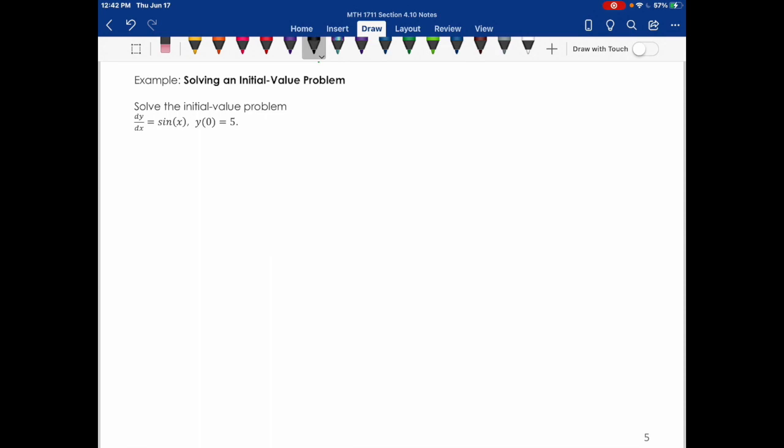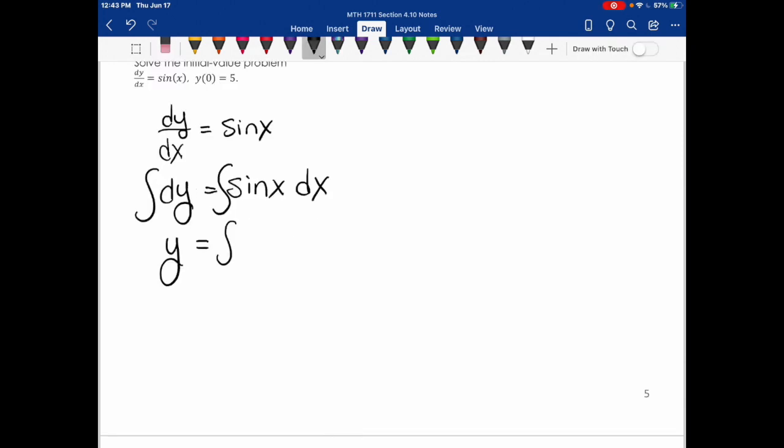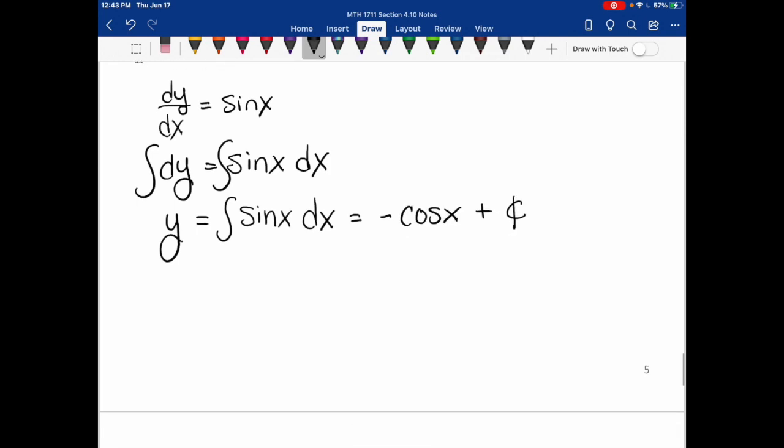Okay, our first example, we have dy/dx, our derivative with respect to x, is sine x. We're going to multiply both sides by dx, and then we're going to integrate both sides so we can solve for y. So I get y is equal to negative cosine x, and then I have plus my constant.